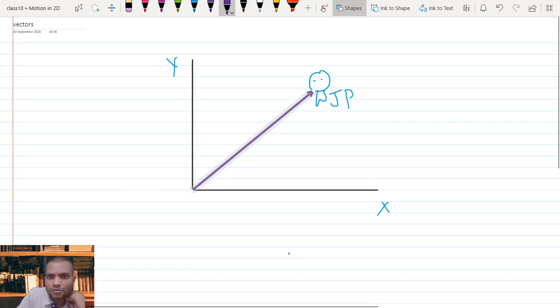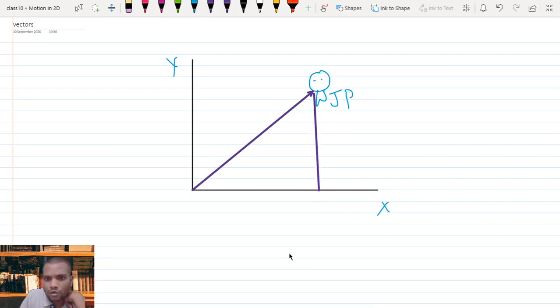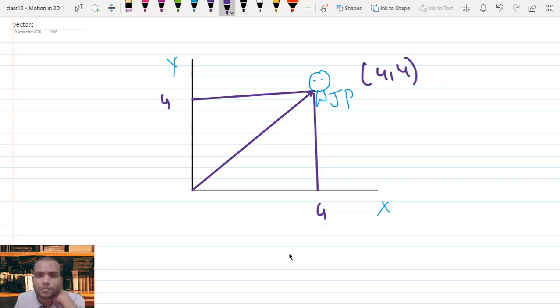Suppose this is my location. This is the corresponding coordinate of x and the corresponding coordinate of y. If I take this value as 4 and this is also 4, my location in the xy plane is (4, 4). Now to locate me, we have taken the help of a vector.